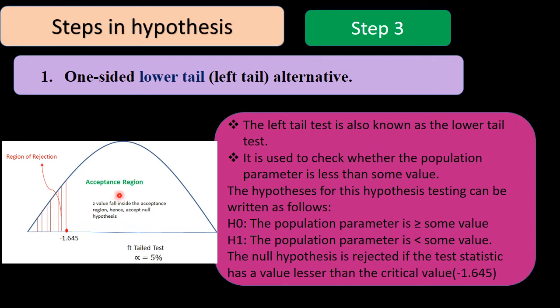That is the conclusion. Then if the particular Z value falls inside this acceptance region, that means the null hypothesis acceptance region, then we have to accept the null hypothesis. The meaning is the population mean is higher than or equal to the particular value, like that.